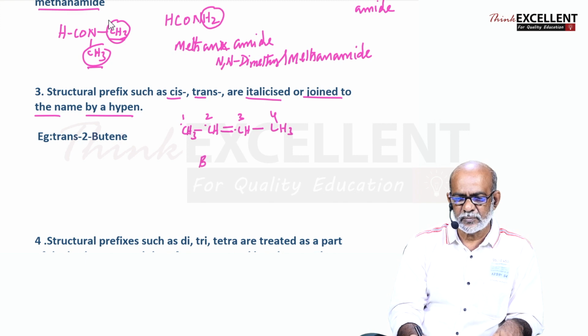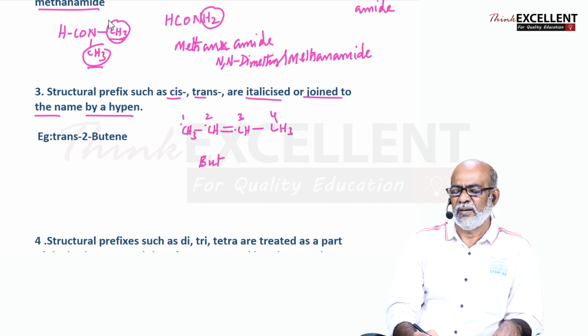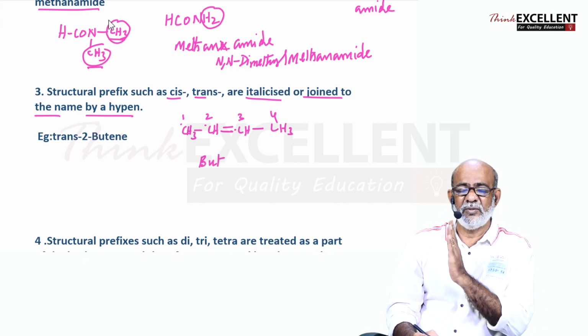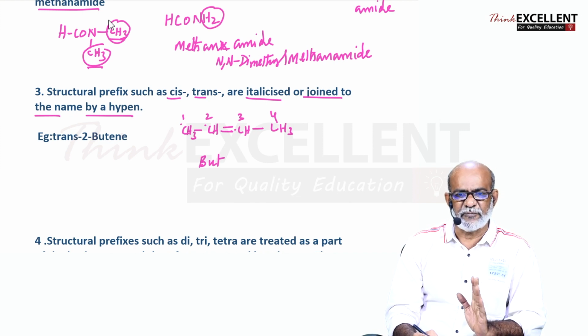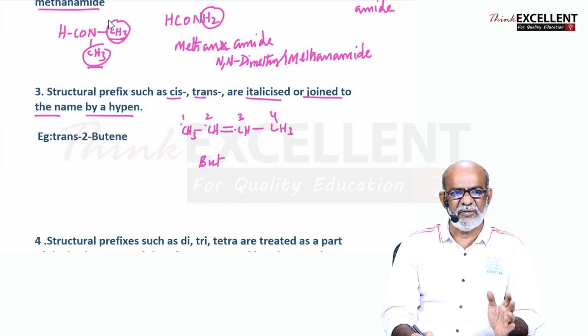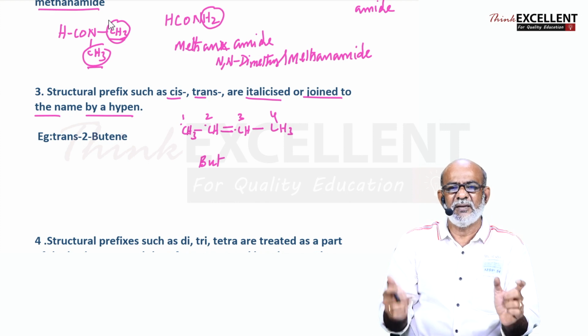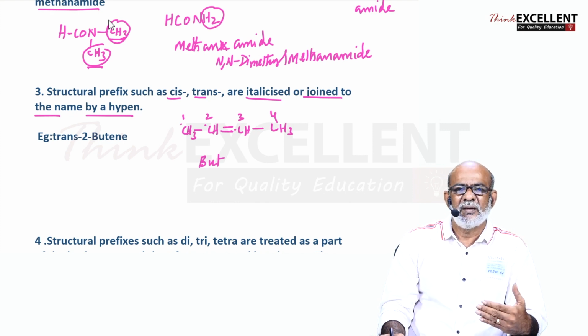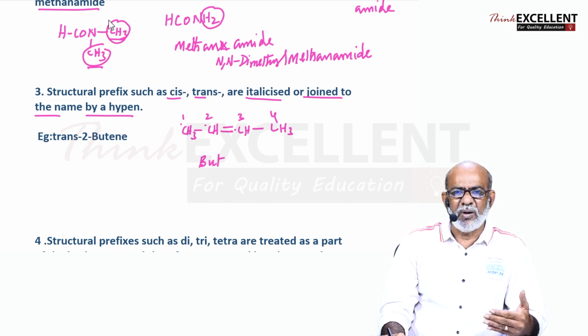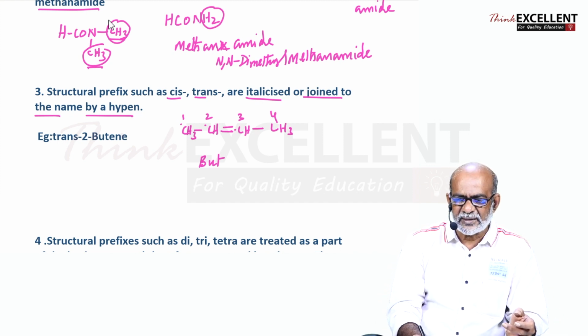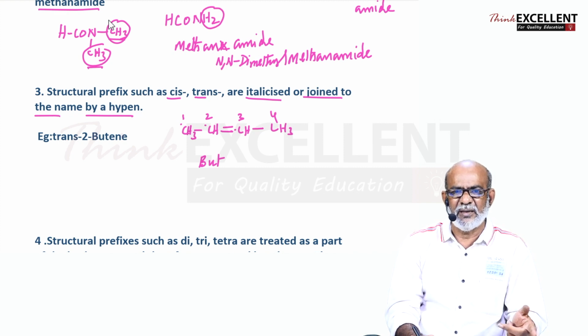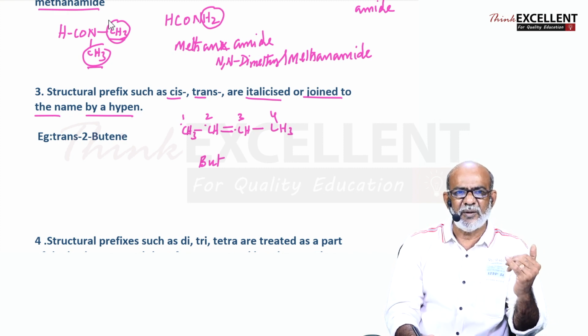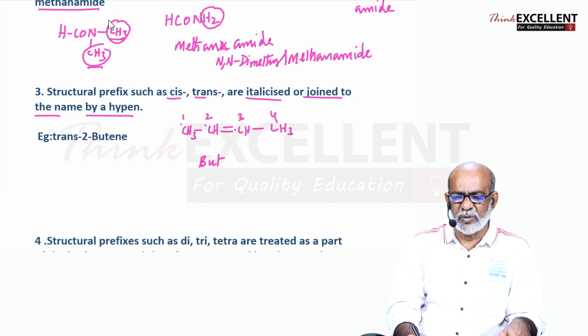But. Here we have to see the primary suffix. As I told you, first you check whether all the bonds of the carbons are single or whether a double bond is present in some places. Here, between the second and third carbon there is a double bond, so this is unsaturated. If a double bond comes, the primary suffix is ene. So butene.